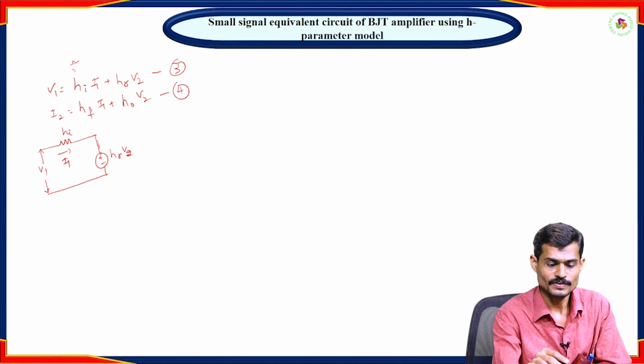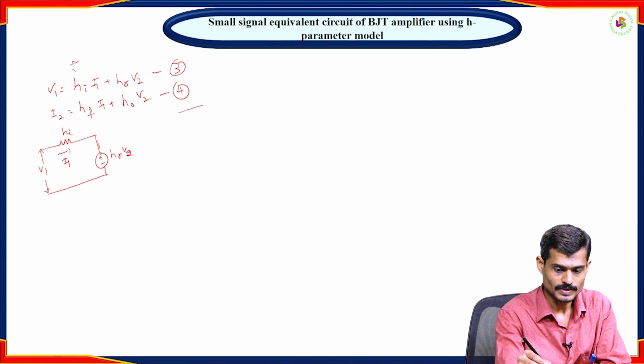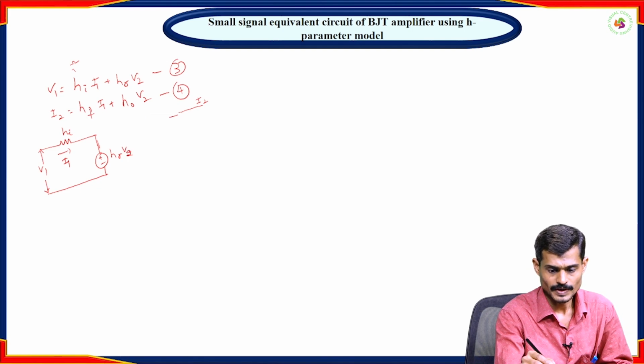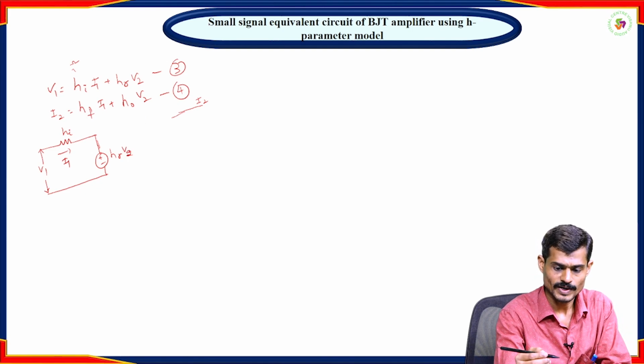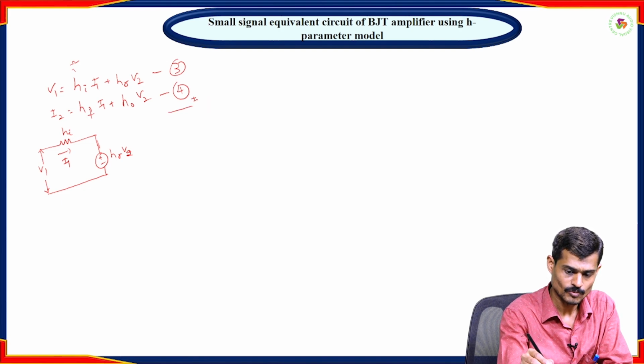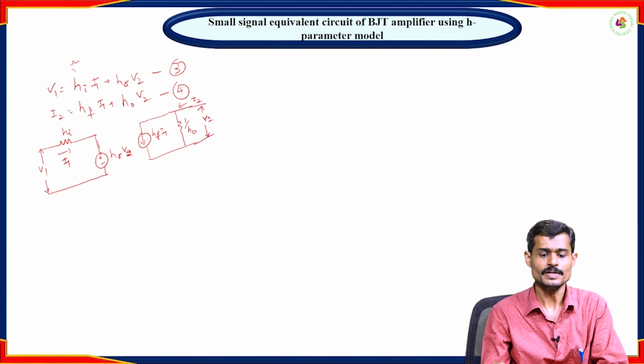So I2 can be divided into two parts: one is HF into I1, and the other is the current through 1 by HO, with voltage V2 across it.